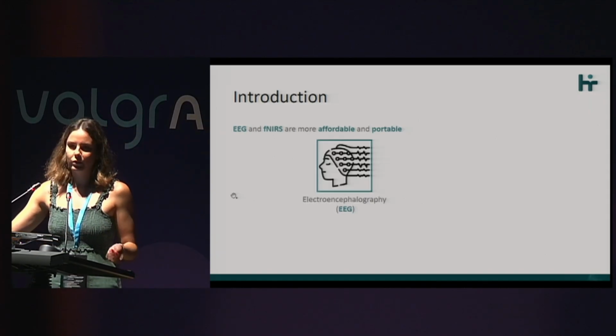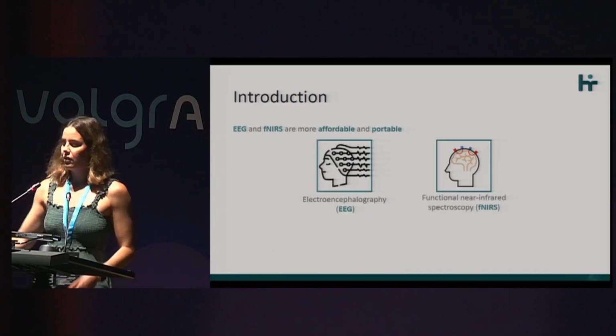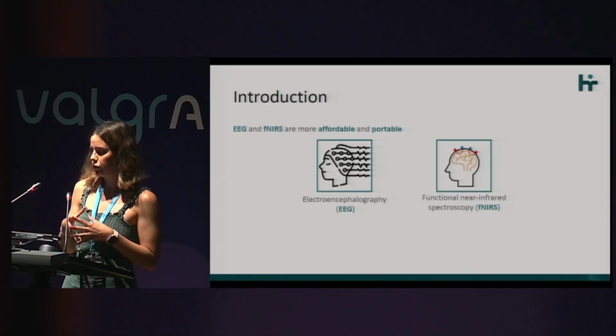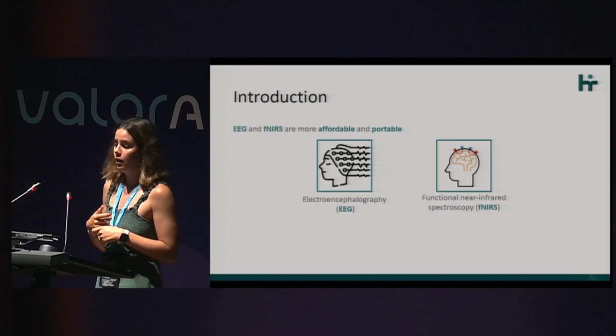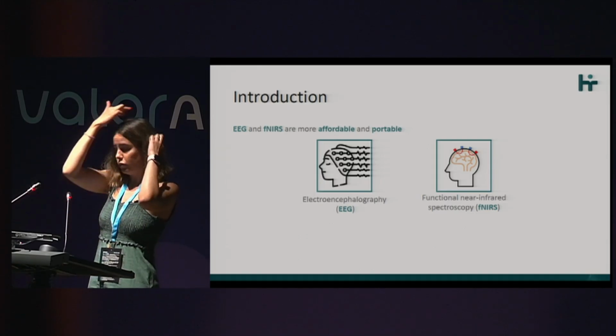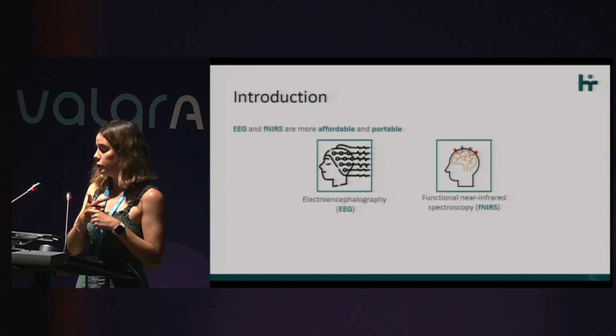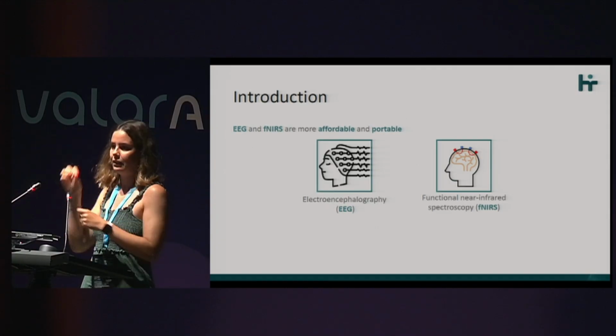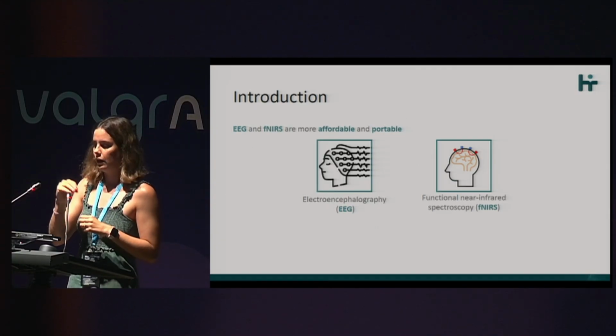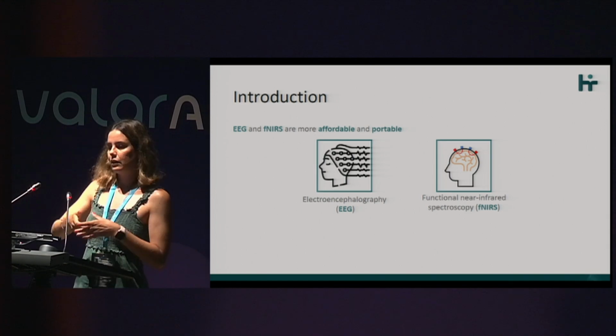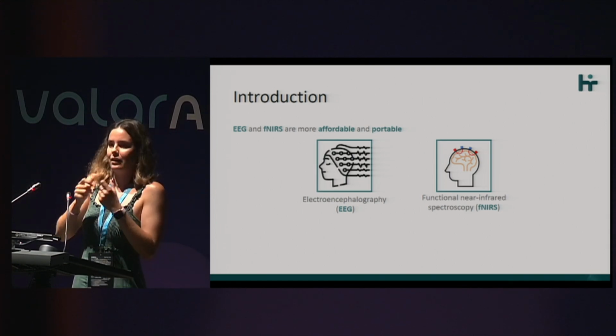All of you know that this is an EEG, and fNIRS, in case you don't know, you have to put over the hair optodes. Some of them are sources that emit light to the head, and the others are receptors that detect the light.